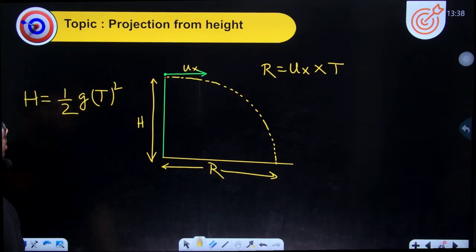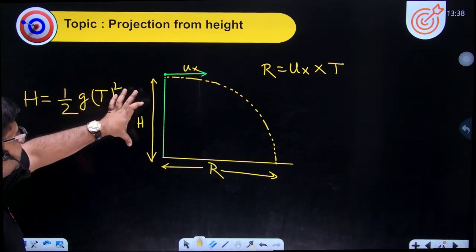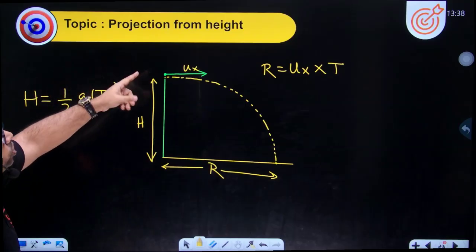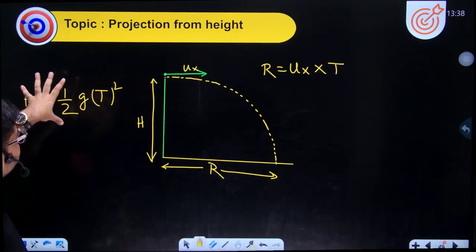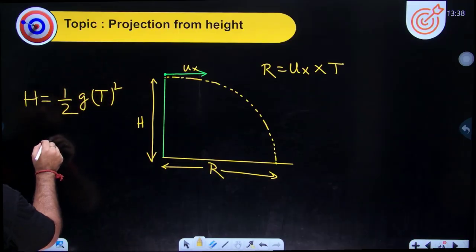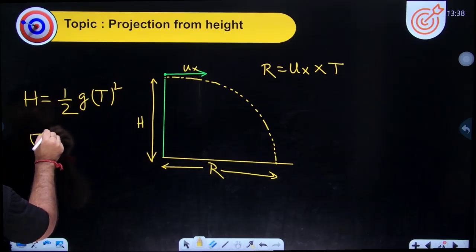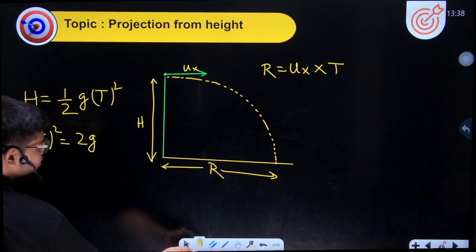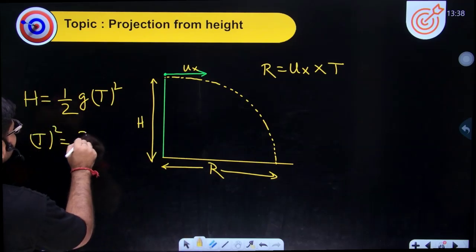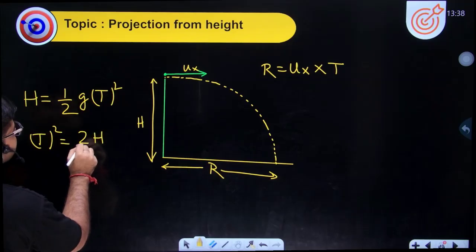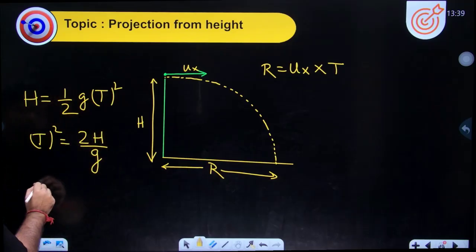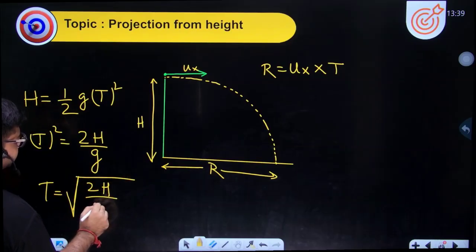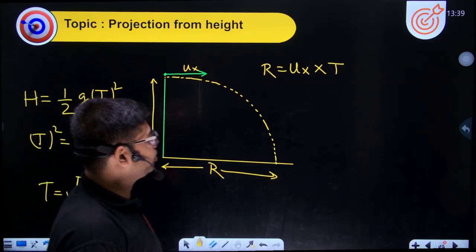So t square is nothing but 2h by g. So t you are getting as root over 2h by g. This is the value of the time of flight.